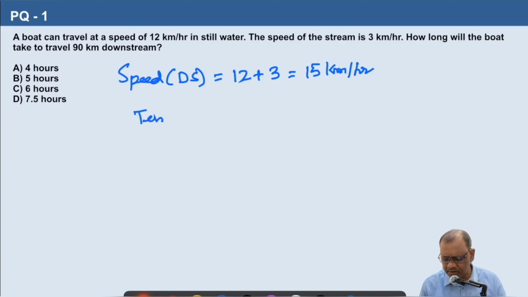Time is equal to 90 divided by 15, distance divided by speed gives us the time. 15 divides 90 6 times, so 6 hours. So the time taken by the boat for traveling 90 kilometers downstream is 6 hours. So option C is the correct answer.